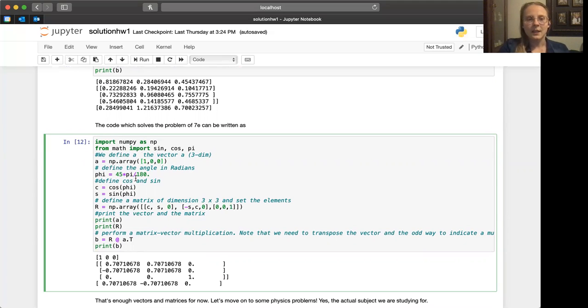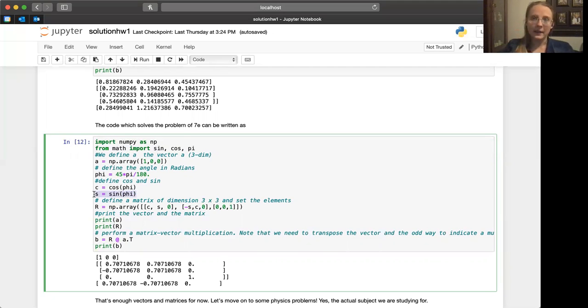So if you're given an angle in degrees, to use it in these Python codes, you need to convert it to radians. So to do that, you simply multiply by pi and divide by 180. So after defining the angle in radians, you can compute the cosine of the angle using the built-in function from the math library. And then you can define the sine of the angle.